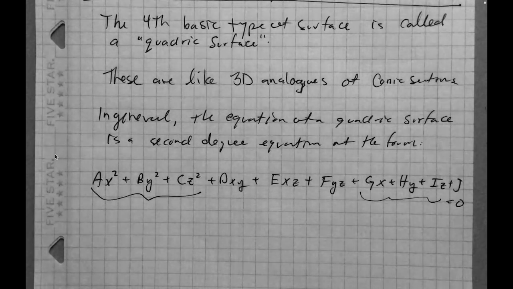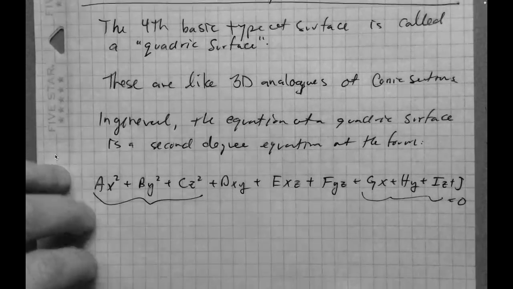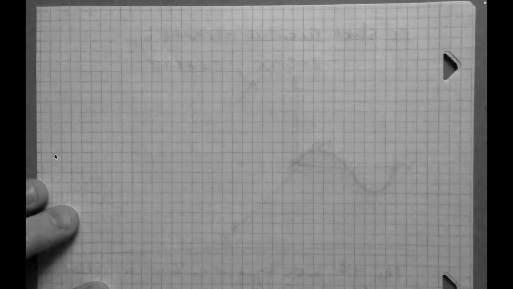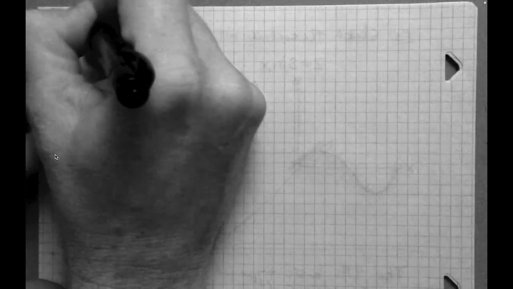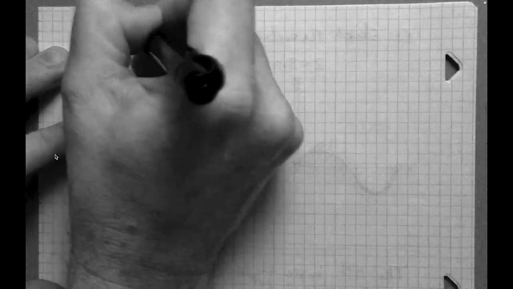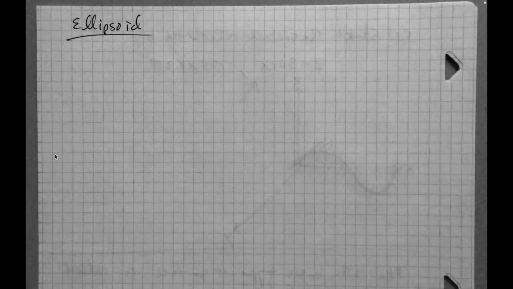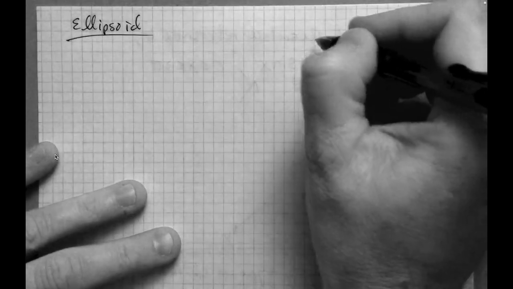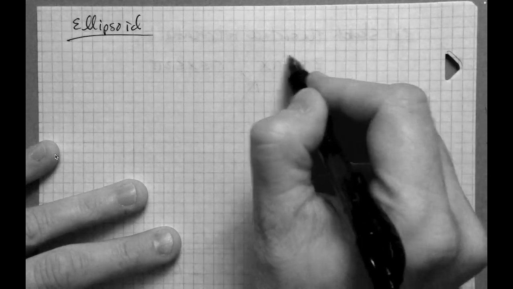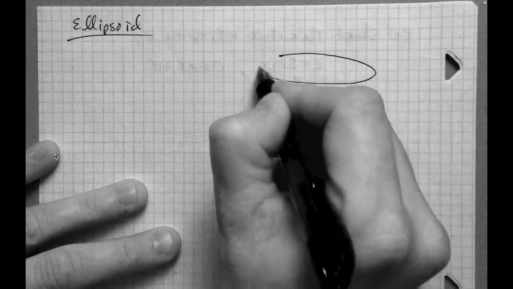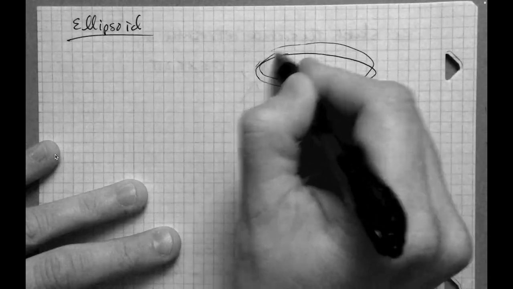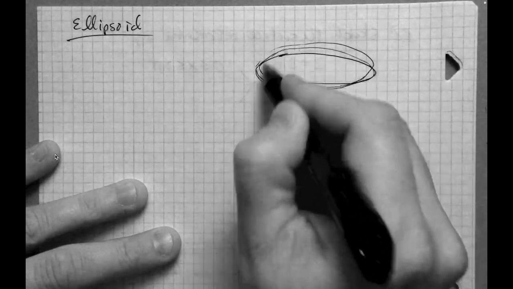All right, so we'll go through these in order, and I'll try to draw a picture of each of them, and I'll definitely give you the equation and some notes on how to think about the equation. Okay, so the first one is what's called an ellipsoid. Okay, so let's say if you draw an ellipse this direction, you draw an ellipse the other direction, it's where they intersect.